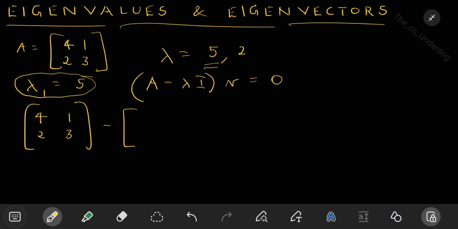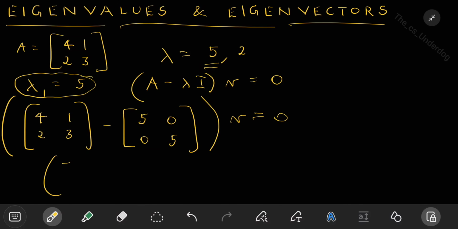So lambda I will be 5, 0, 0, 5. This into your vector v should give you 0. So what will this become? 4 minus 5 is minus 1. 1 minus 0 is 1. 2 minus 0 is 2. And 3 minus 5 is minus 2, right? So this into v is equal to 0. This is where you reached.